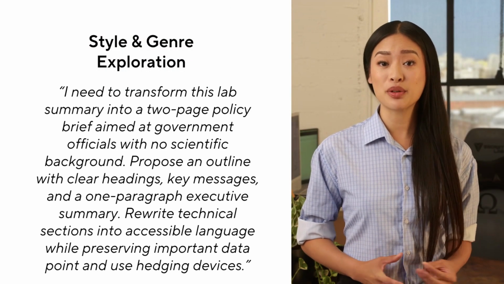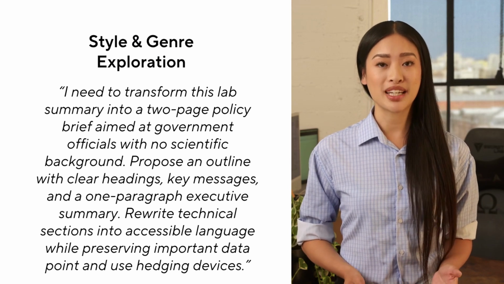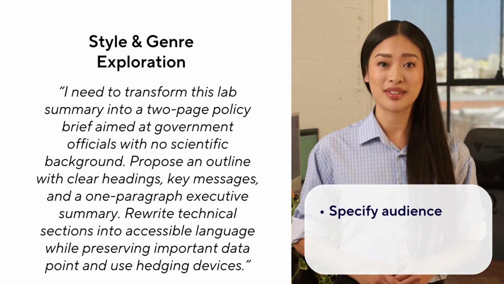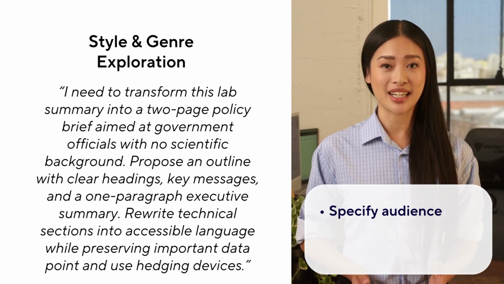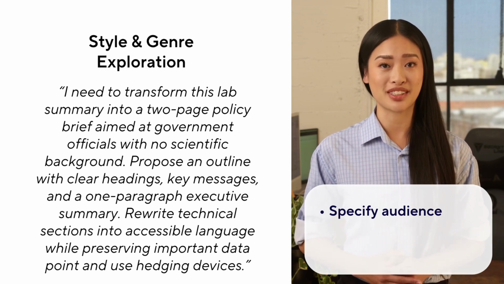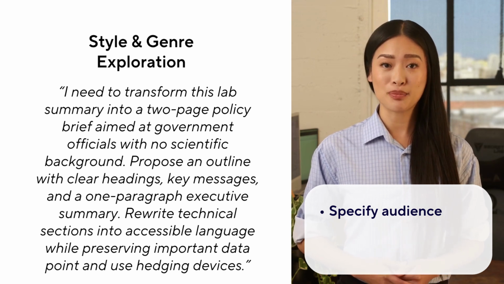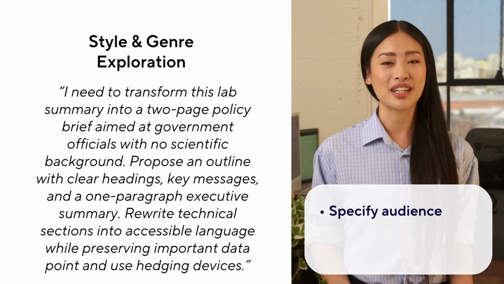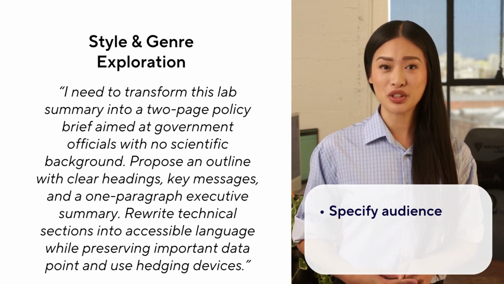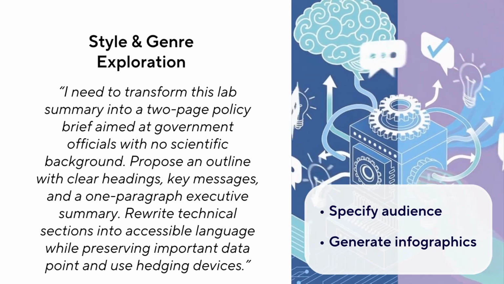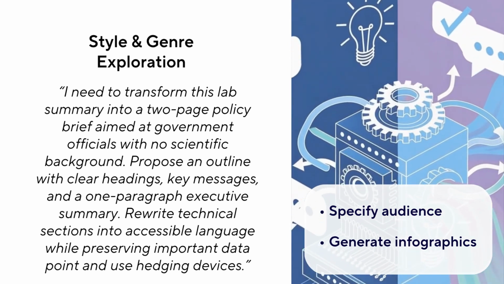I need to transform this lab summary into a 2-page policy brief aimed at government officials with no scientific background. Propose an outline with clear headings, key messages, and a 1-paragraph executive summary. Rewrite technical sections into accessible language while preserving important data points and use hedging devices. You can also instruct AI to produce an infographic-style graph that translates technical methodology into digestible information for non-experts.